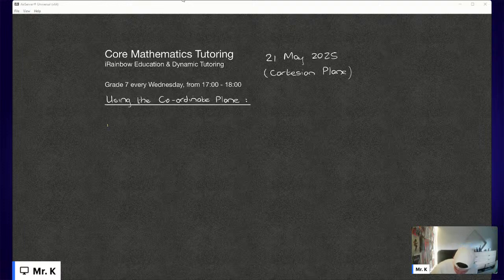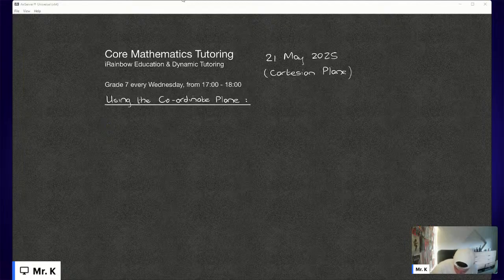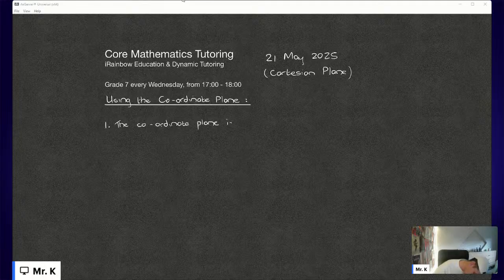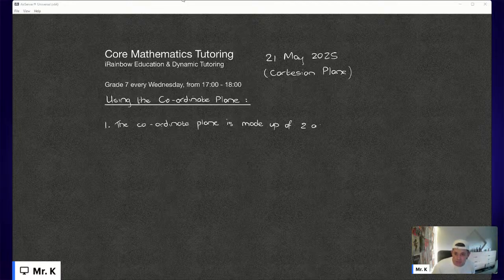So first things first. Number one, the coordinate plane is made up of two axes. Two axes refers to essentially two number lines.